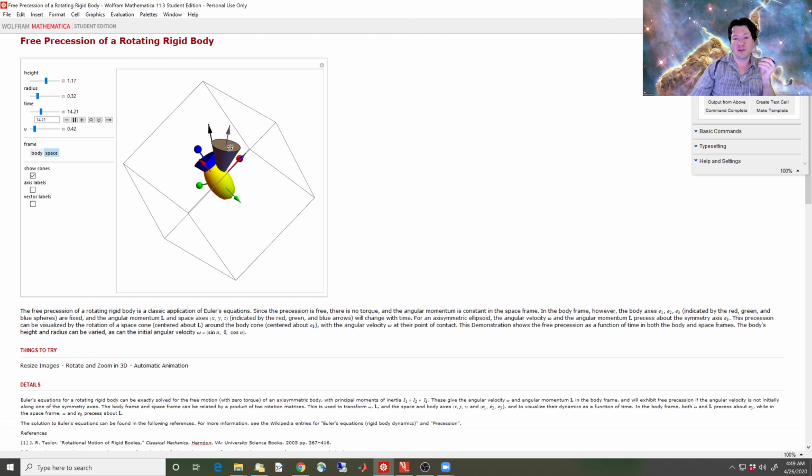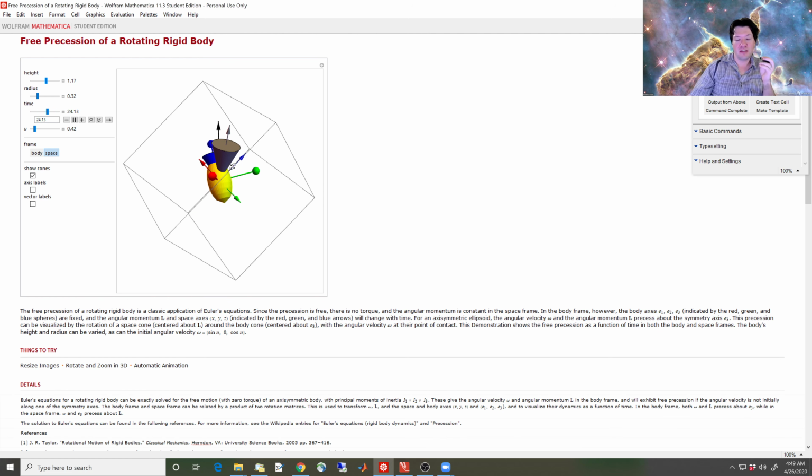So this is in the inertial space. The angular momentum vector is fixed. This space cone, which is this gray thing, is fixed. The intersection of the body cone, which is attached to the body, and the space cone is the angular velocity vector. It's a prolate object, so the space cone is outside the body cone, floating around outside there.